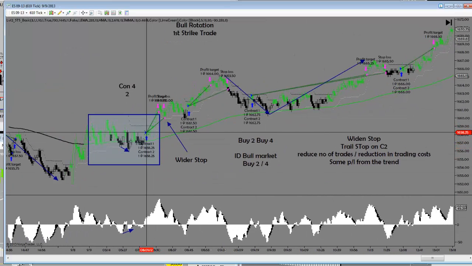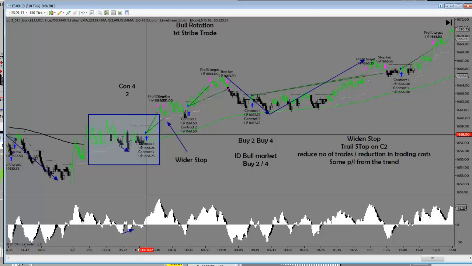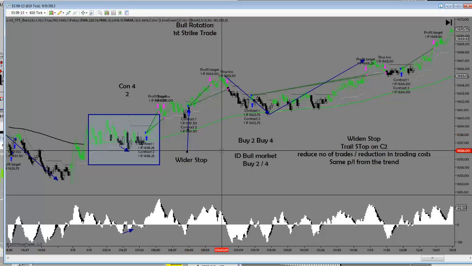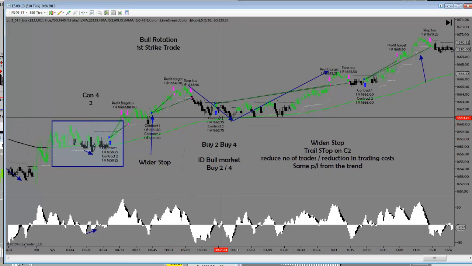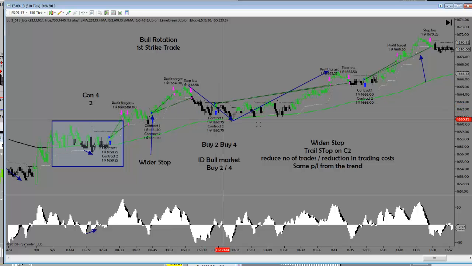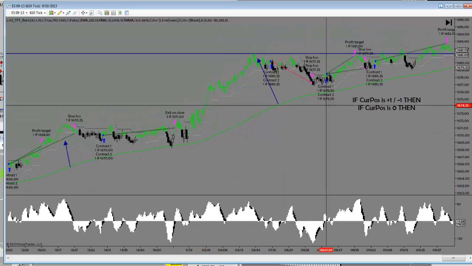Look at where price is relative to, think about relative momentum. Where's price relative to my master mo when this buy signal occurs versus this buy signal? Where's price relative to the master mo when this buy signal occurs versus this one?